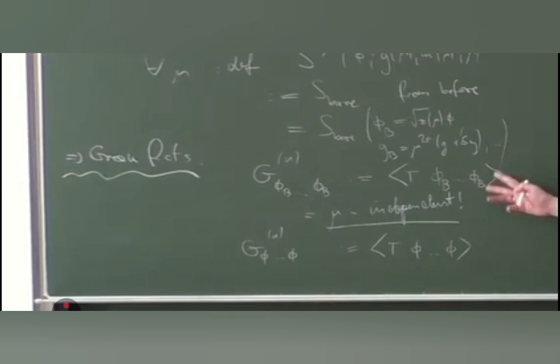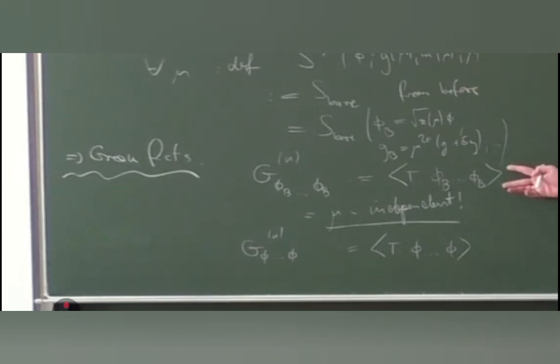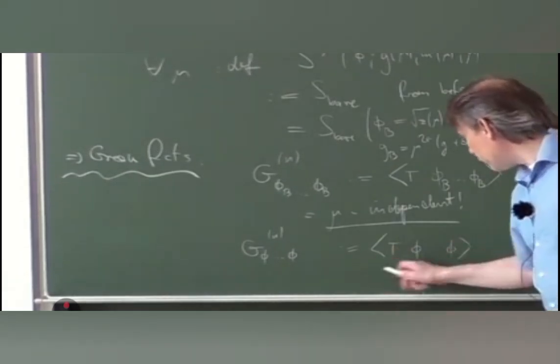The advantage is that they are finite. In a renormalized theory, it's exactly the point of the renormalized fields that they generate finite green functions. So these are finite. The others are not, because they are expectation values of the bare fields, and they are in general divergent.